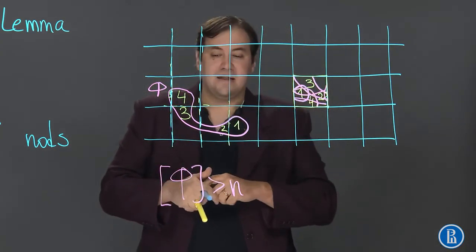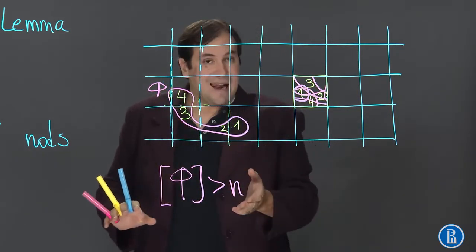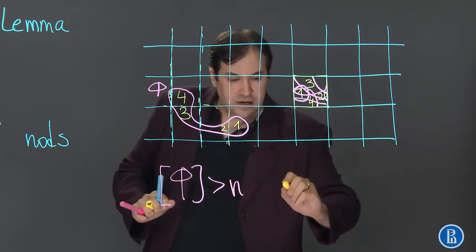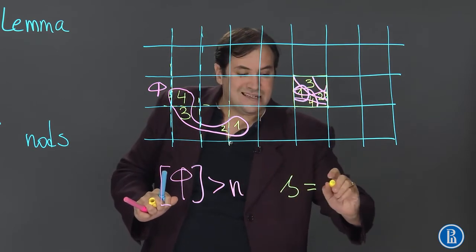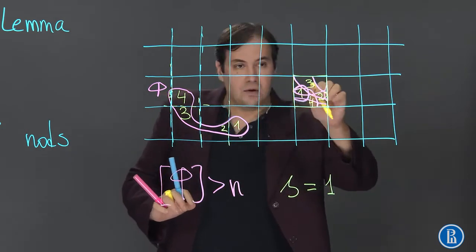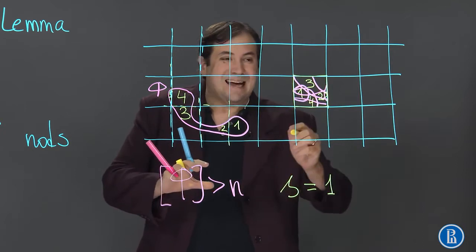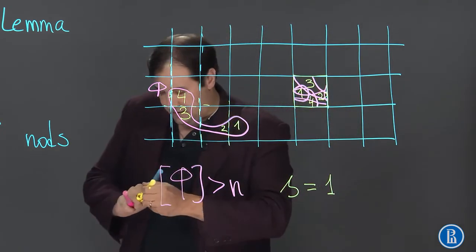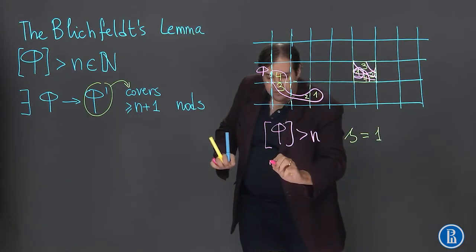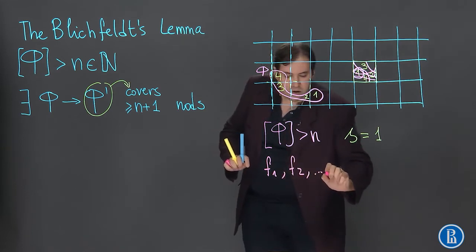We understand that the area of our initial figure is greater than n, but the area of one square is equal to 1. So all these small parts of our initial figure, we can denote these pieces F1, F2, and so on.